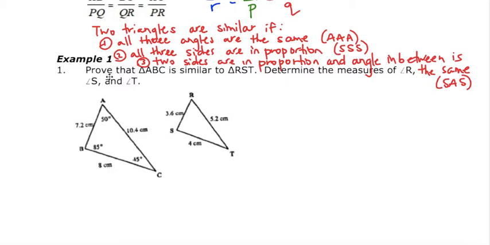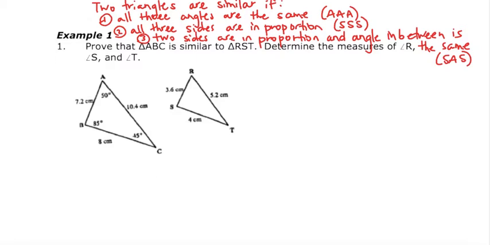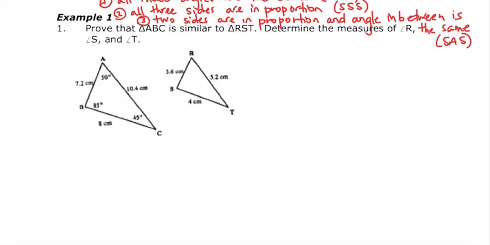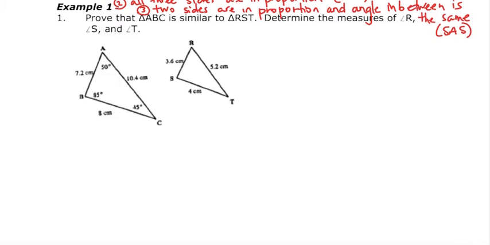So when you're being asked to prove that triangles are similar, we want to think about writing almost like a 5-sentence paragraph, where we have our introduction, our 3 proofs, our 3 examples, and then our concluding sentence. So for this one, I'm going to introduce my triangles.